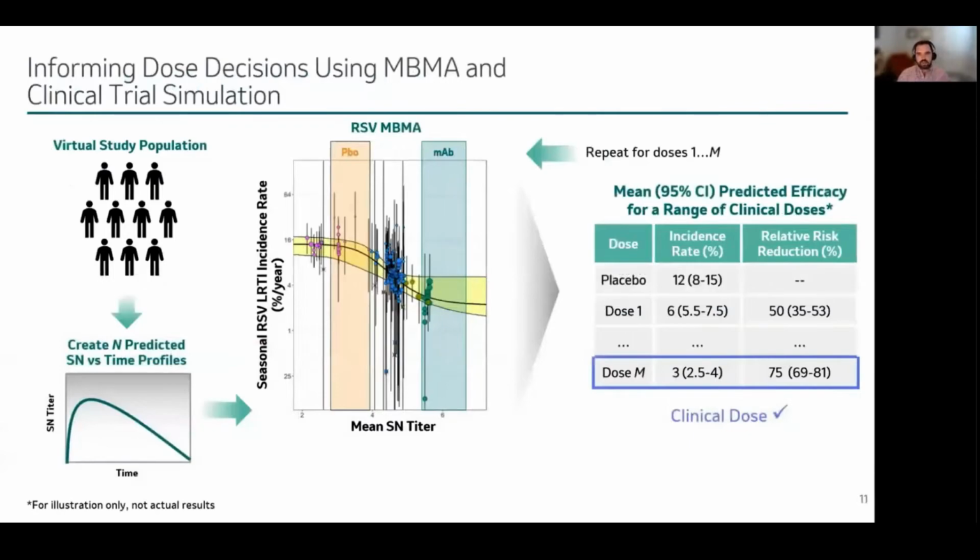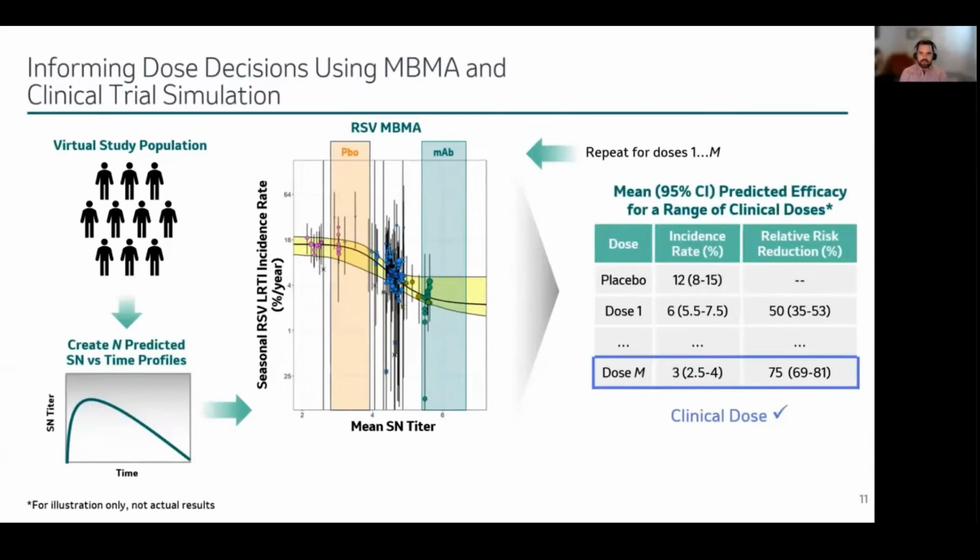So you now have your developed MBMA, and this slide shows how we can use that model in a clinical trial simulation paradigm to inform something like dose selection. Like most trial simulations, you start in the top left with your virtual population. You then simulate your known PK or correlative protection titer profiles for your virtual population.